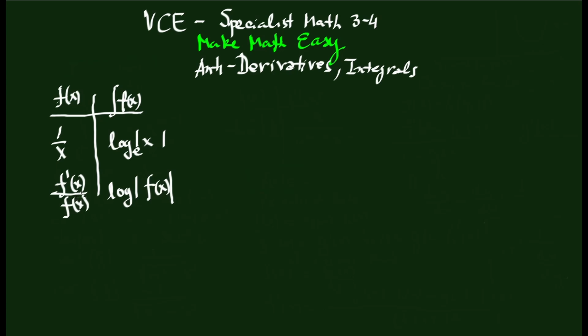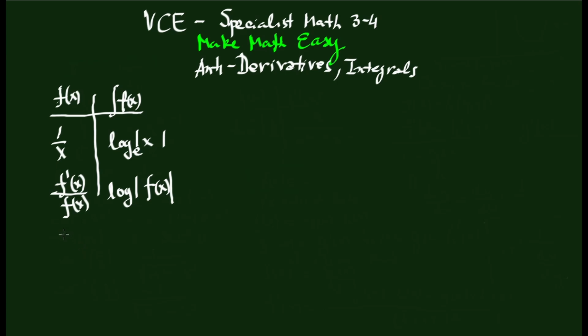And then the most common ones are obvious, like sine and cosine. That's just what we know. You know that the first derivative of sine is the cosine.